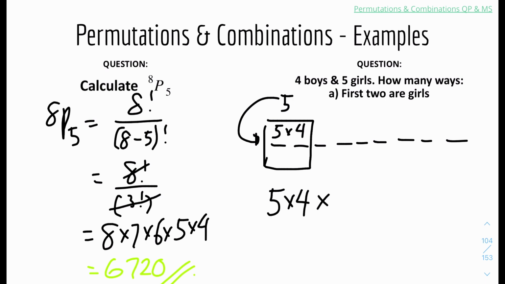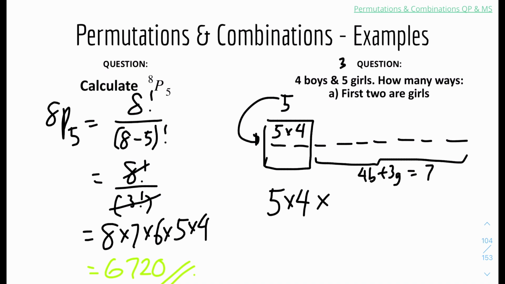Once you've filled the first 2 seats, you can just rearrange the rest. Once you have taken 2 girls for the first 2 seats, there'll be 3 girls left. So it'll be 4 boys plus 3 girls, which is 7 people in total. From the basic counting principles, one of them is n factorial, which you use when you're arranging people on a line or a queue.